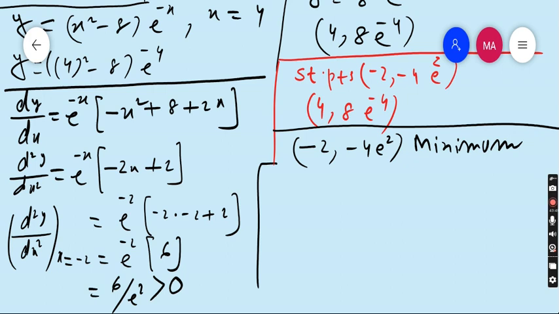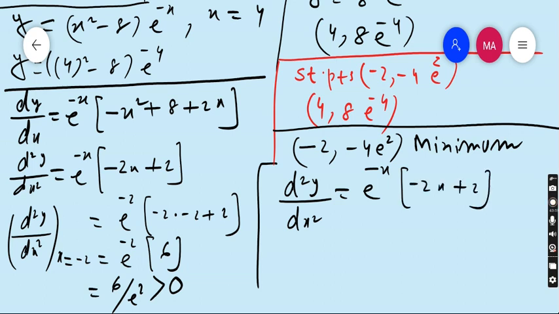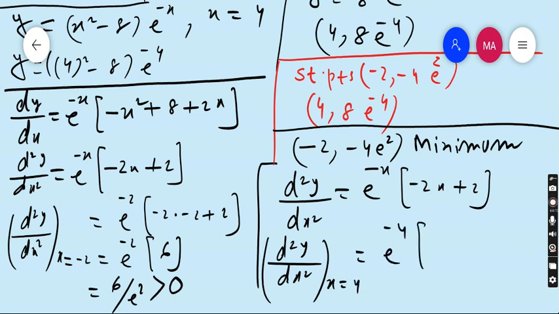Write down the second derivative again. e minus x, minus 2x plus 2. Satisfy this value by 4. x is equals to 4. e power minus 4, minus 2 dot 4 plus 2.